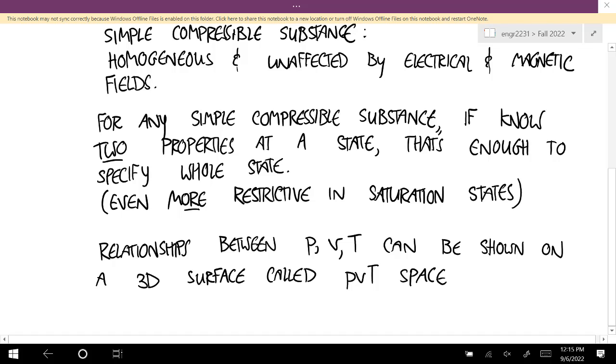And there are only two of these for simple compressible substances. Well, we're just talking qualitatively about the overall shape, but every material has a slightly different surface. Like you could think of water has one of these, propane has one of these. Okay, so I'm going to put one of these up on the screen.